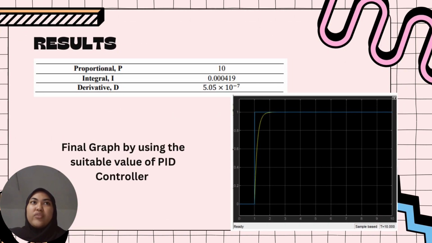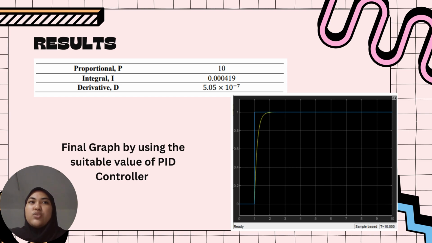The process of obtaining proportional, integral and derivative values by trial and error allows one to determine the ideal values for creating a stable graph. As a result, P, I and D have the values shown in this table: P equal to 10, I equal to 0.000419, D equal to 5.05 exponent negative 7.